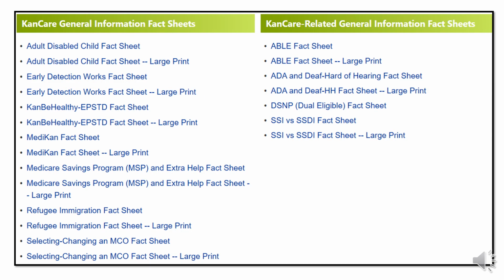When you click on that KanCare General Information Fact Sheets, here is an example of the page you'll see. Of course, we're constantly updating the information that's there and also adding more. So a lot of good resources here as well. Some of these we've mentioned in the video, and some of these are additional resources.